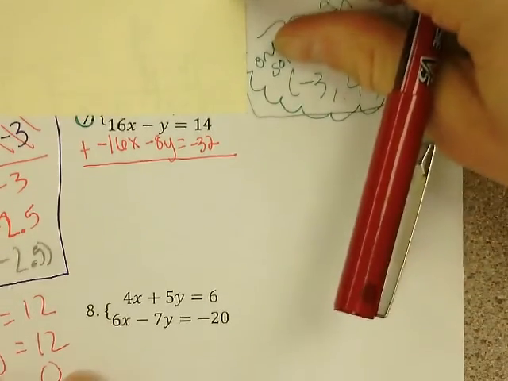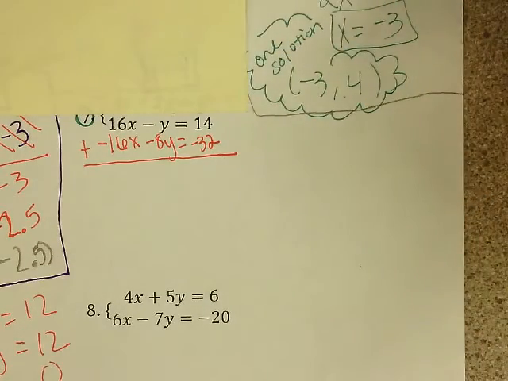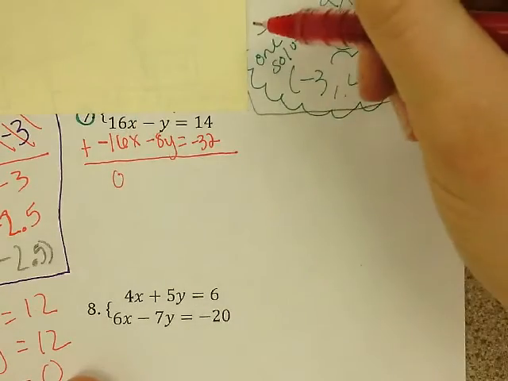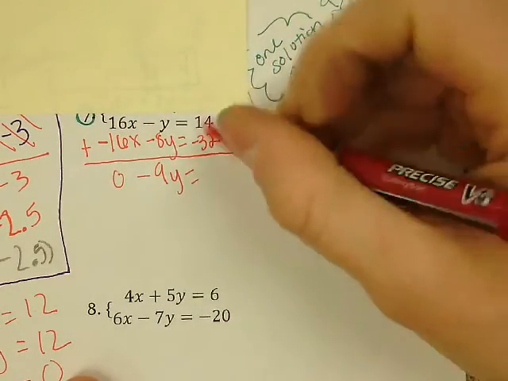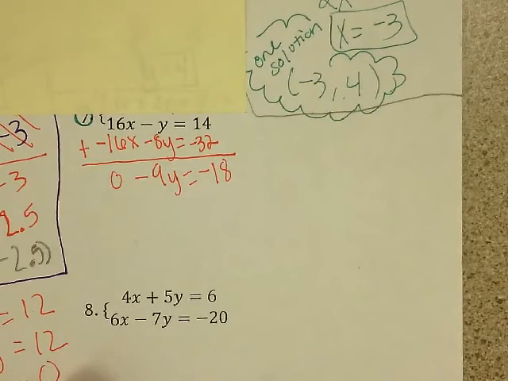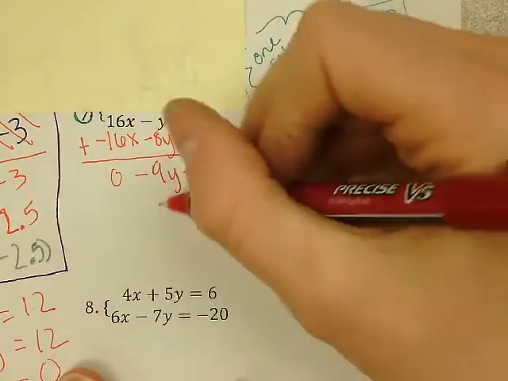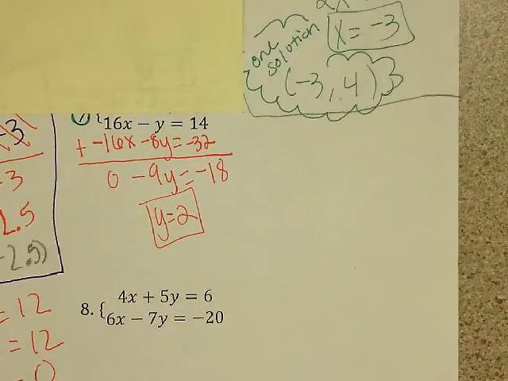All right, so now I add those together, my new equation. Okay? So I've got 0, because they cancel, minus 9y equals negative 18. Okay? Divide by negative 9, y equals 2. All right, what do I do with that 2? Plug it in.